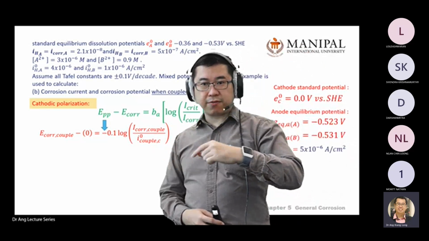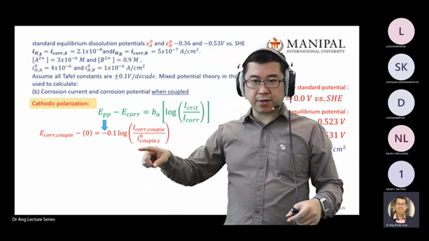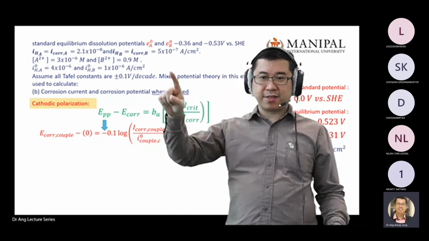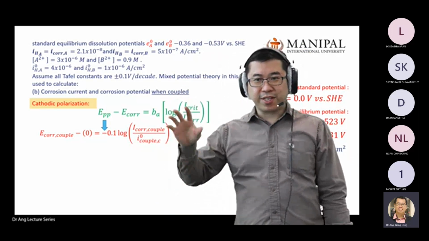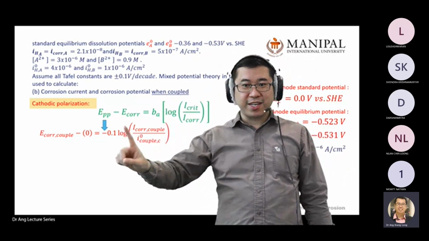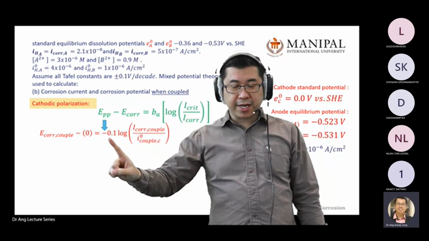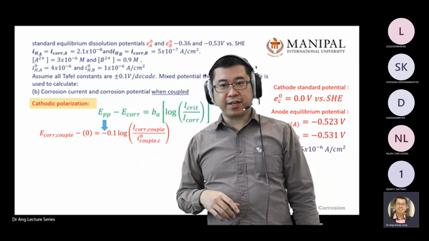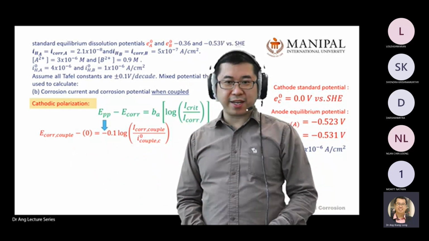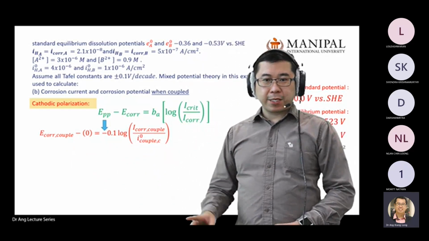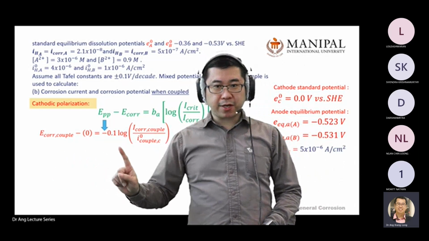It's always negative. Sorry, on your side it is... I confused the direction on the green screen, but anyway, negative means it's a negative gradient on the E versus log I. So you substitute the value accordingly.